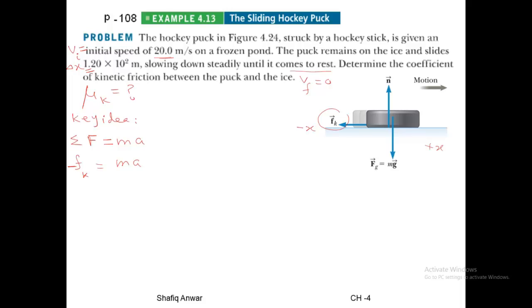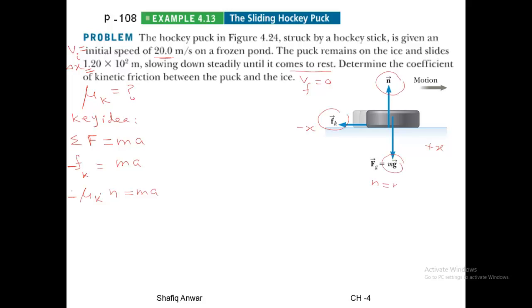Now, we have seen that F sub k is equal to mu sub k, kinetic coefficient of friction, multiplied by the normal. When you are on the horizontal surface, this n is equal to mg.